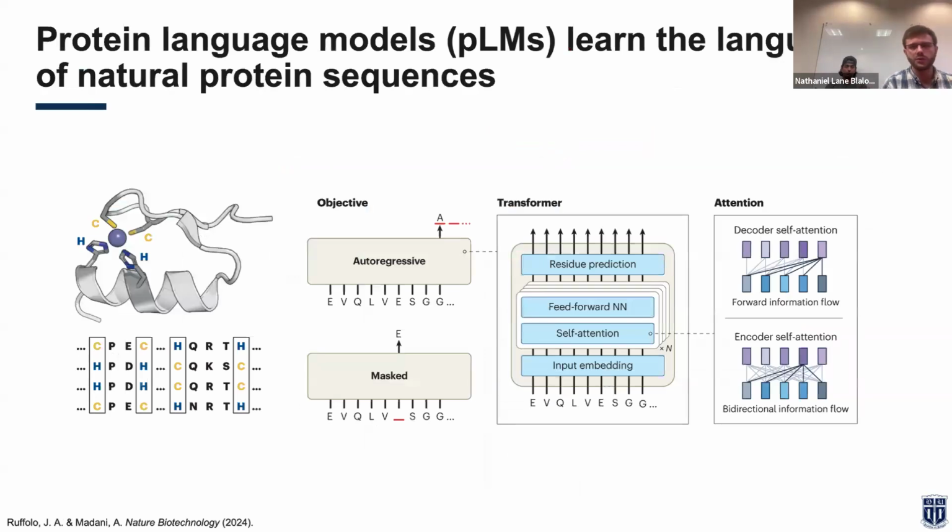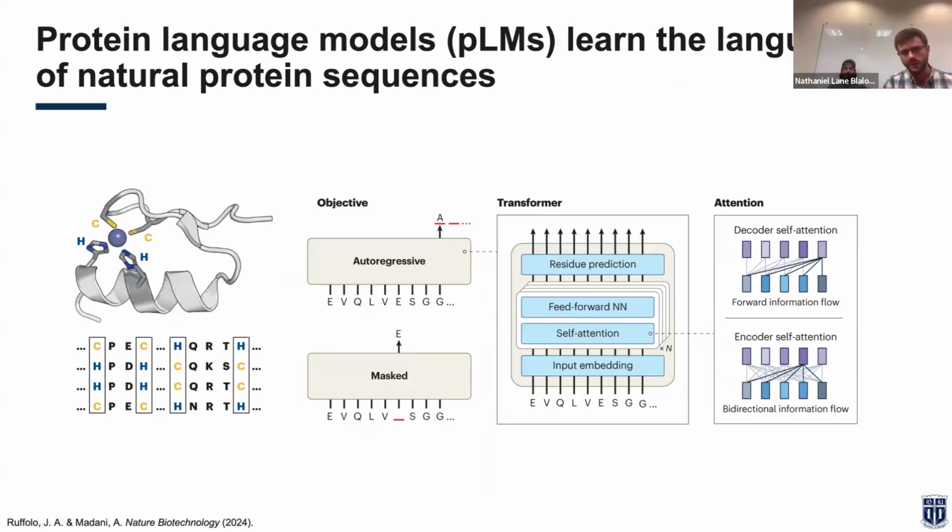When you look into our field with protein language models, there are many parallels because many protein language models are actually based on large language model architectures. But in our case, while they are like large language models, often transformer architectures, instead of being trained with text data, they're trained with natural protein sequence data.